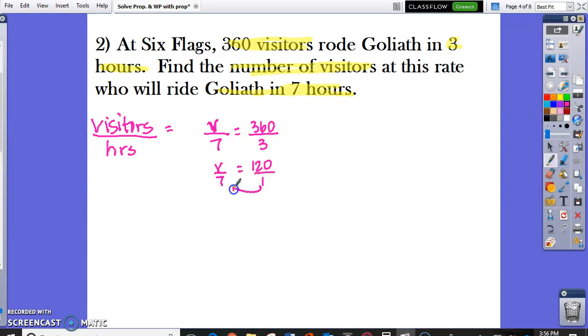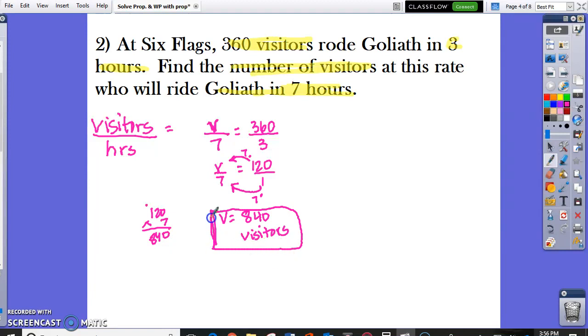And then we can use equivalent fractions, and it works out very nicely. So we end up multiplying 120 times 7. 120 times 7 is 840. Now we got to put a label in there. We're looking for visitors, so it's 840 visitors. That's one way to solve it.